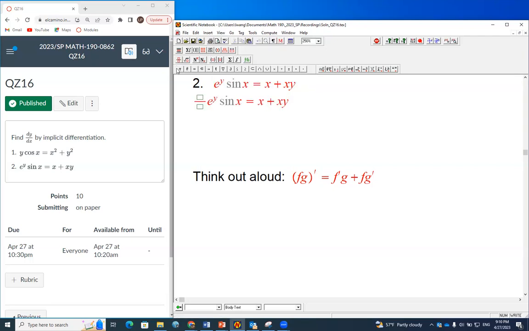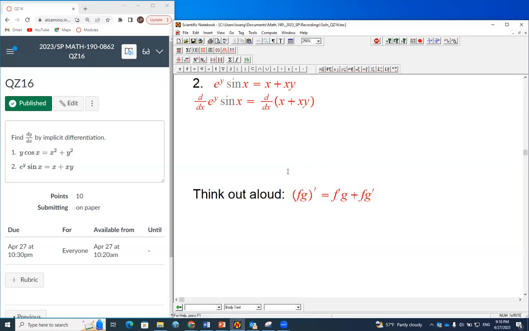Okay. So derivative dx on the right-hand side, we have to take a derivative with respect to x. Equals to, the left-hand side. We will take the product rule. If you want to set it up this way, you can write the derivative with respect to e to the power y, and then times sine x.